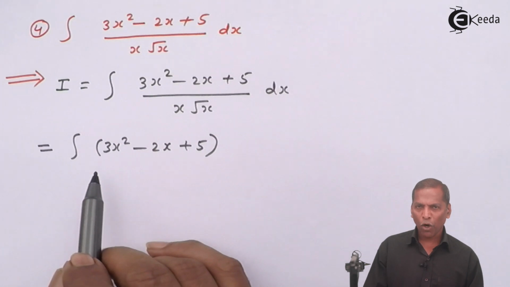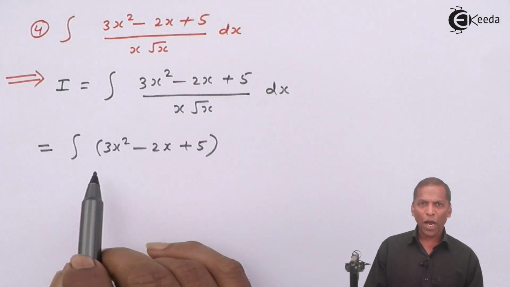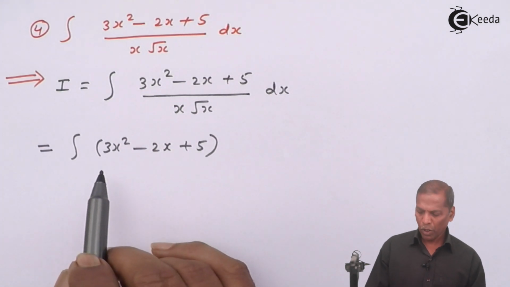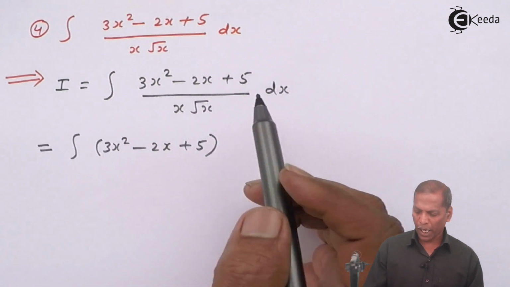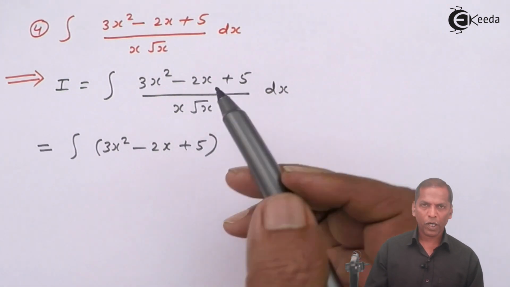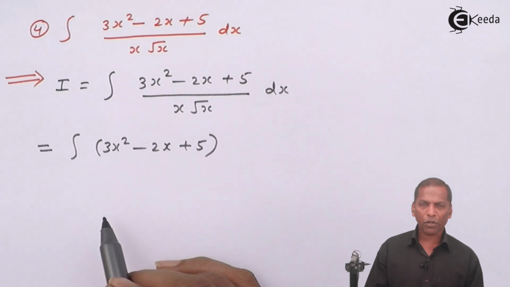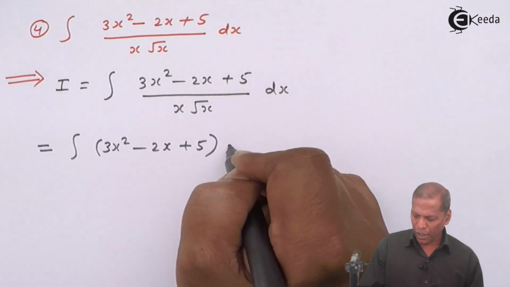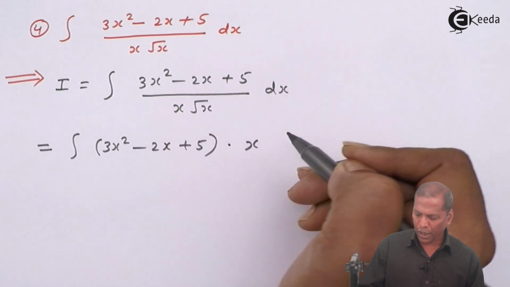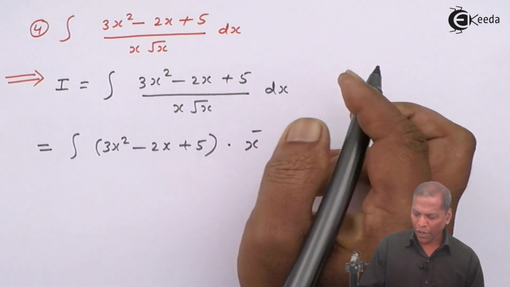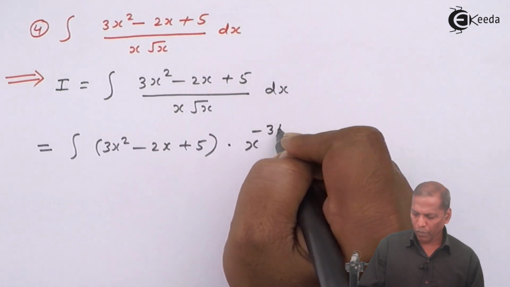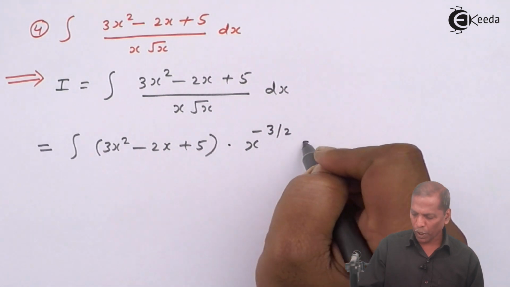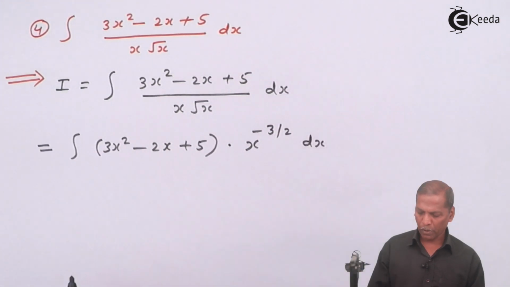So by using binomial rules, this can be written as x raised 1 plus half, that is x raised 3 by 2 in the denominator. And if you take it to the numerator, this can be written as x raised minus 3 by 2 into dx.